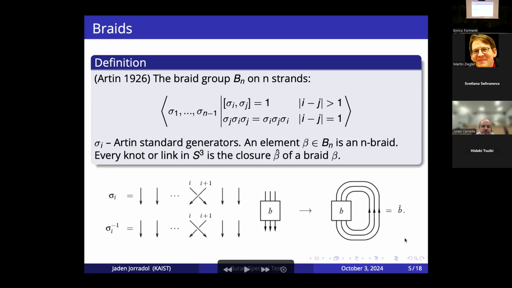Basically it says that if you swap generators whose indices differ by more than 1, because this is the sigma 1 crossing, sigma 2 crossing, and sigma 3 crossing, then it doesn't really matter in which order they are applied. In this example, if you do sigma 1 and then sigma 3, and then you undo sigma 1 and then undo sigma 3, then it represents the same braid.